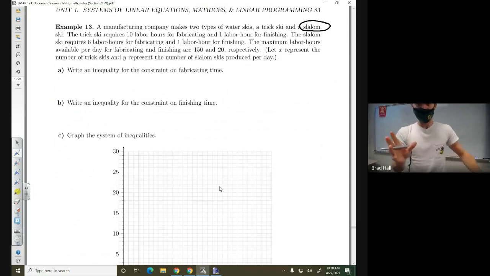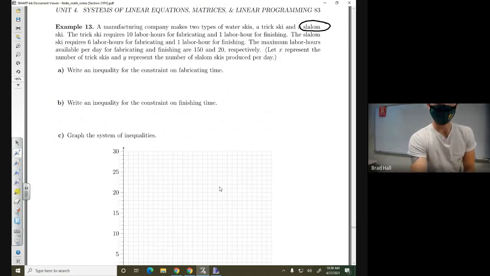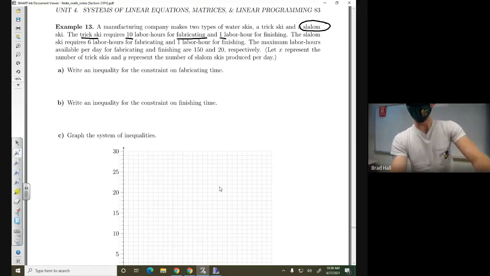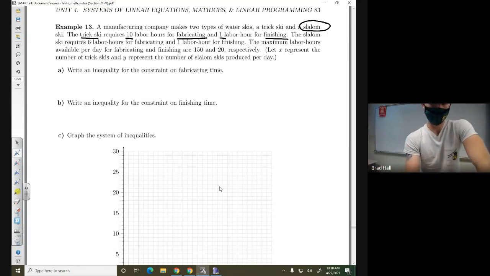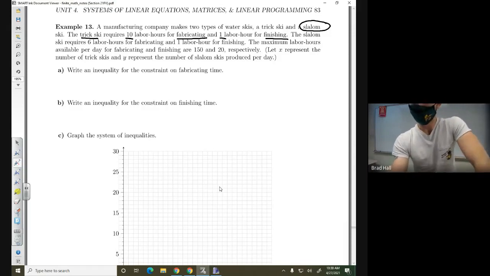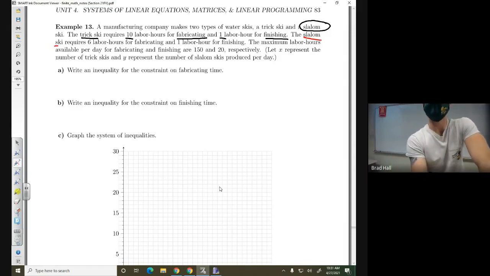There's two types of skis. One of the skis is associated with 10 hours for fabricating, and 1 hour for finishing. There's another ski, which I'll underline this information in red. 6 hours for fabricating, 1 hour for finishing.